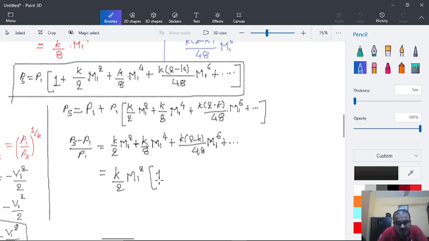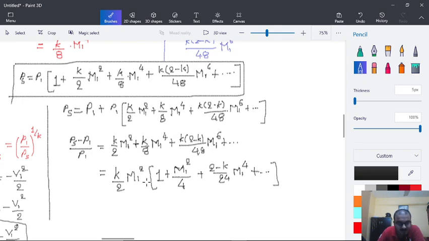So 1 plus, here we will be having m1 square upon 4 plus 2 minus k upon 24 m1 raised to 4 here plus up to infinity.